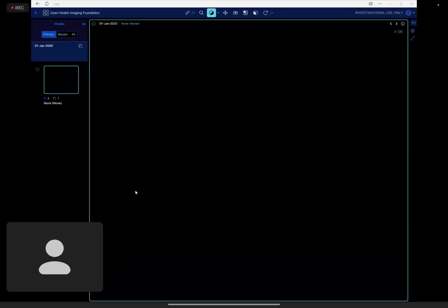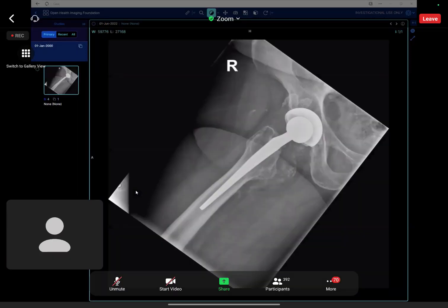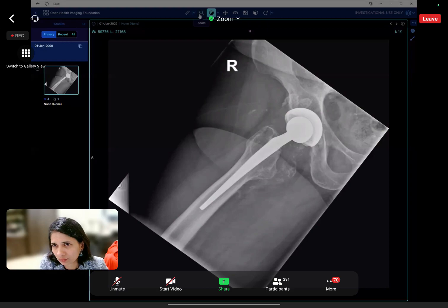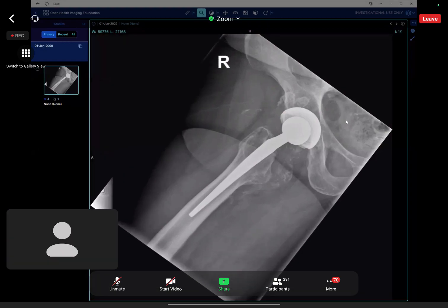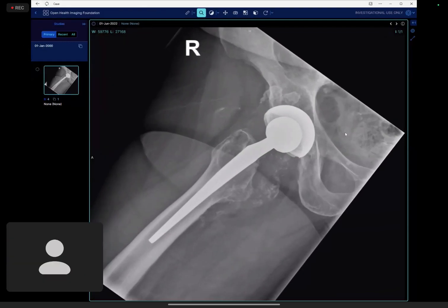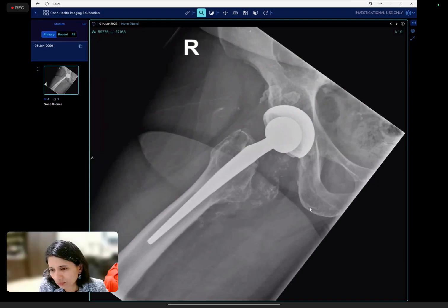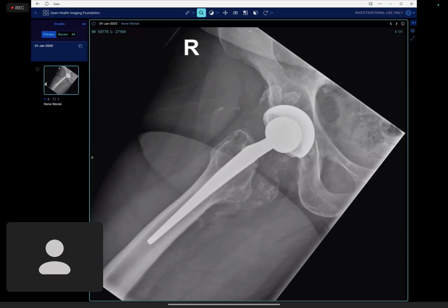In this view, I can see that there is a well-defined, oval-shaped lytic lesion in the superior lateral aspect of the acetabular roof.